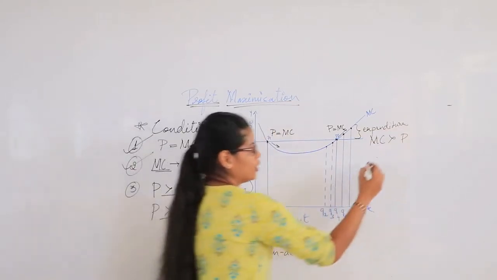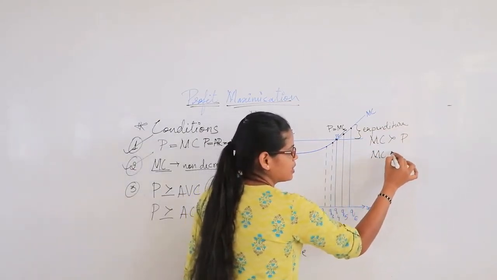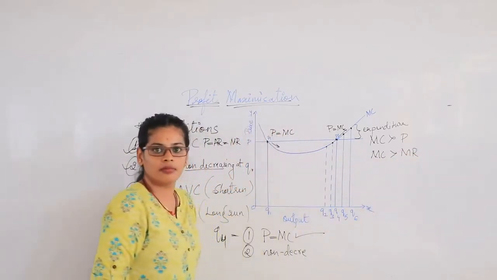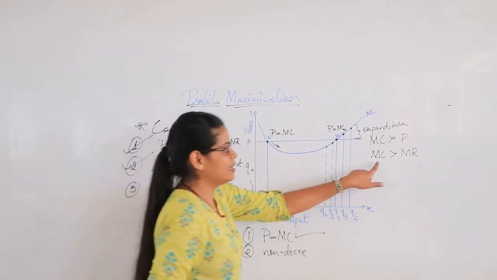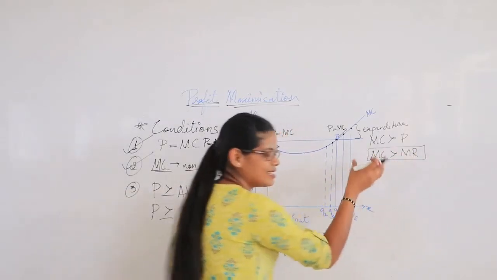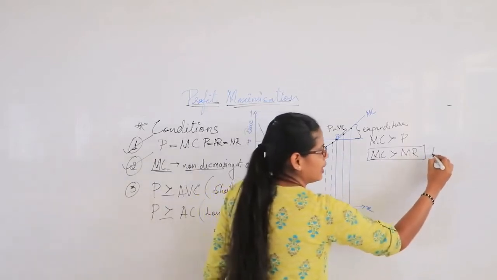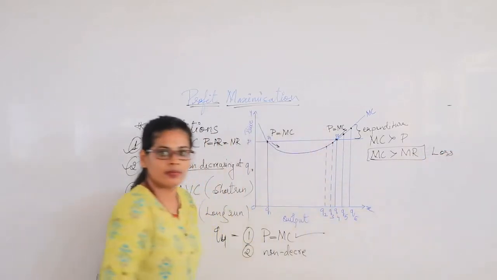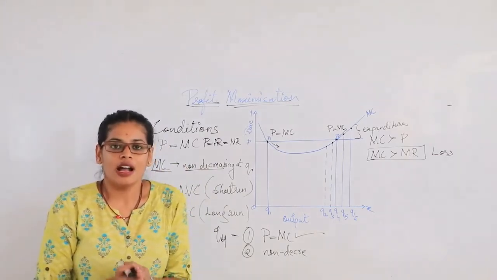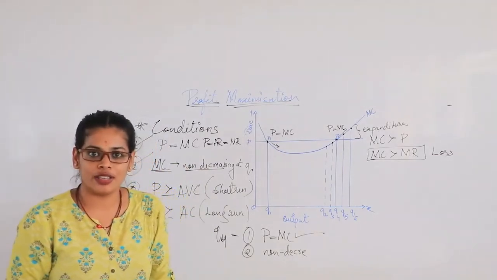It's nothing but MC being greater than marginal revenue. When you have this situation, you will be into losses. When your cost of production is more than the revenue, are you going to make profits? No, right?